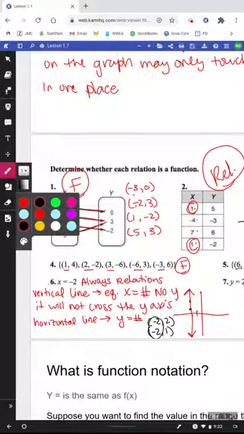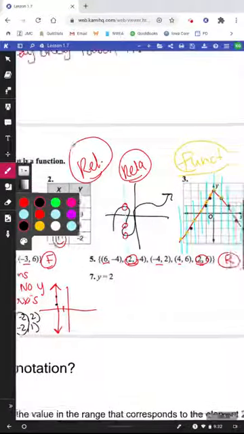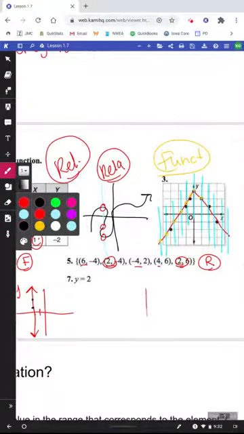My x's are repeating. So that one is always a relation. Now for the horizontals, if I draw it, y at +2, this one would pass my vertical line test. So these ones are always functions.